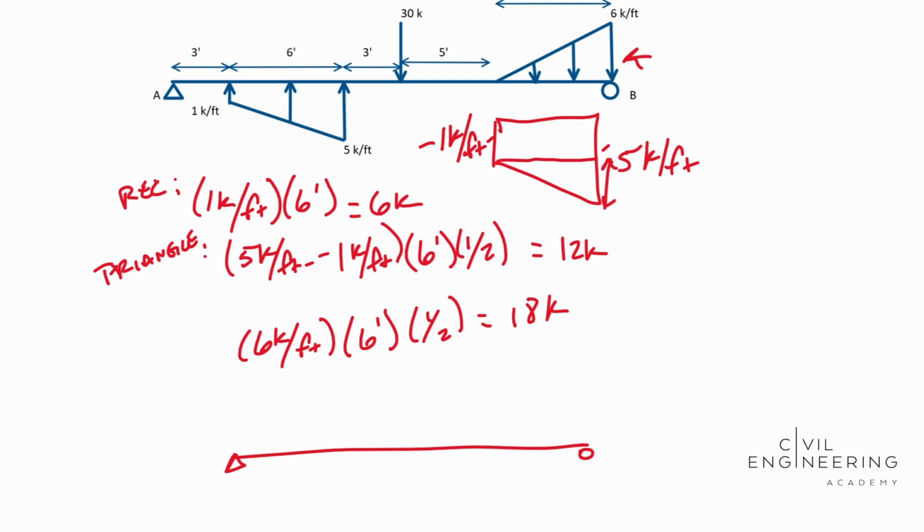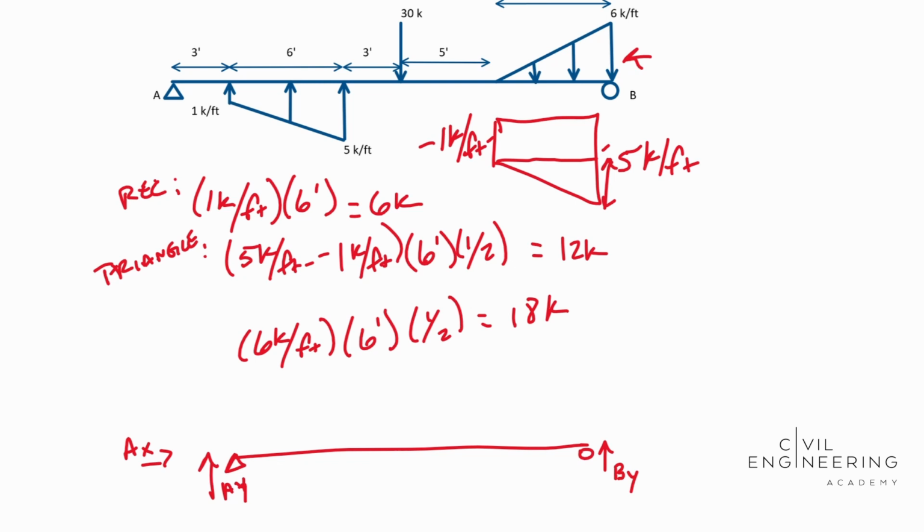So if we're looking at our blue structure, the structure that it gave us, we know that a pin is going to have an AY and an AX. So we also know that the roller is going to have a Y force as well, so a BY. All right.